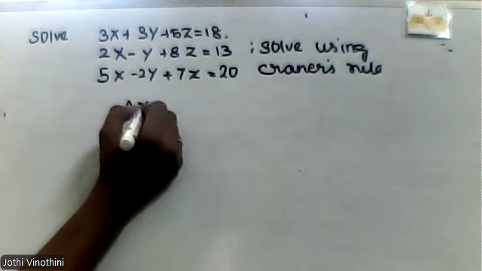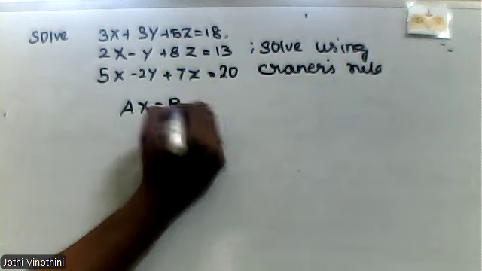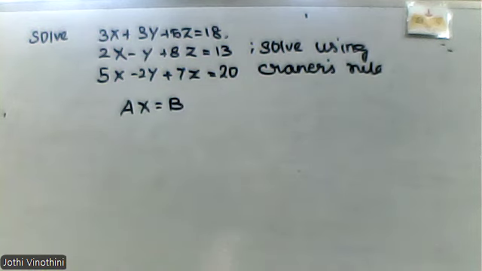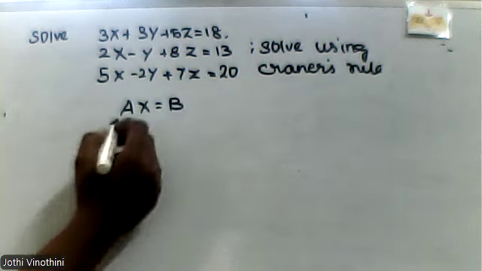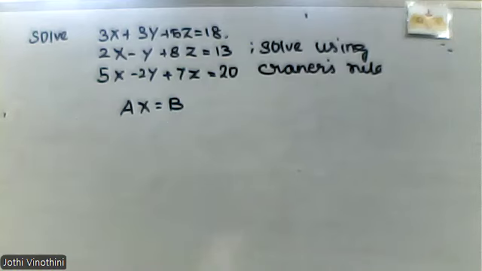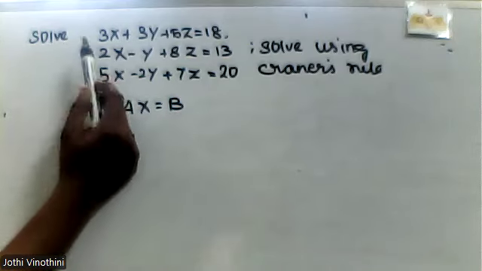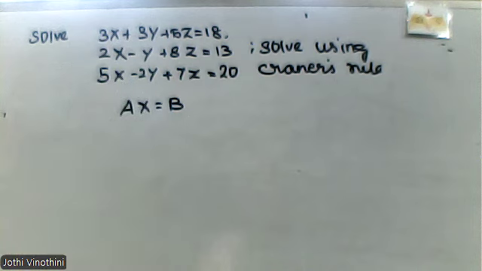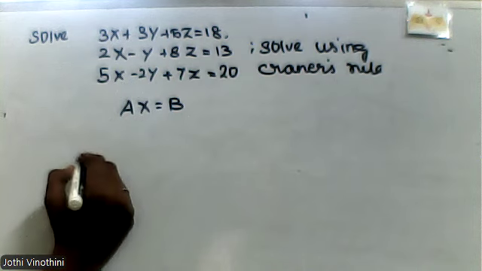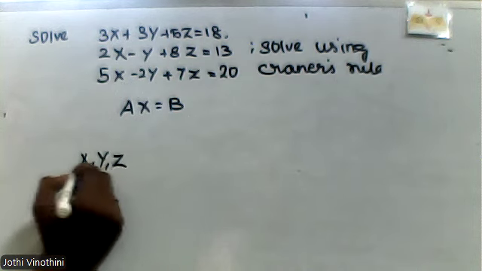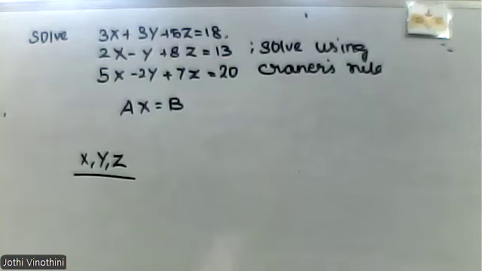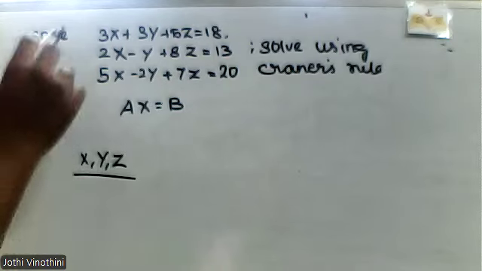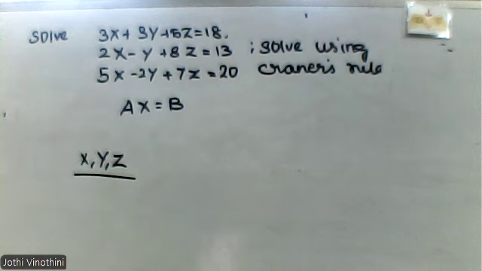It is AX equals B. We have three variables, X, Y and Z, and we are provided with three linear equations.